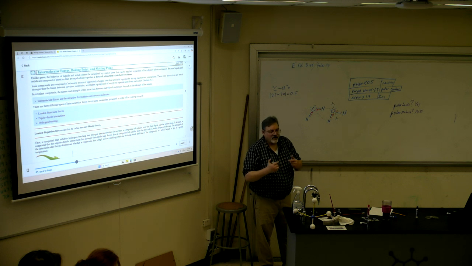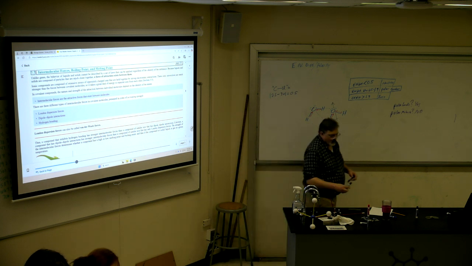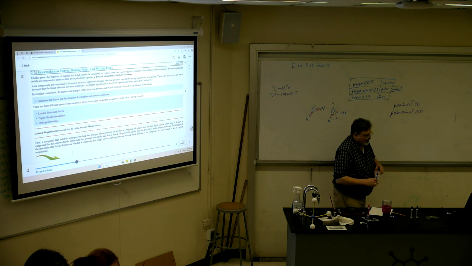That's an intermolecular force. When I say intermolecular forces, it sounds very sophisticated, but we're always talking about an attraction. The force is the force of attraction. And they're either strongly attracted to each other or weakly attracted to each other, and you can figure out properties of them based on that.